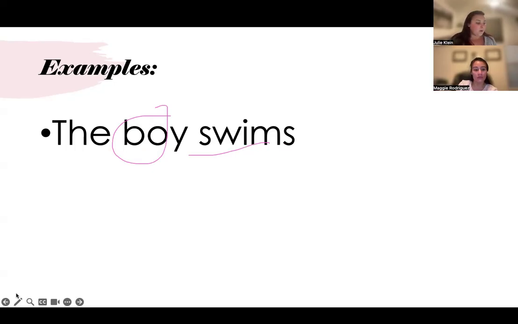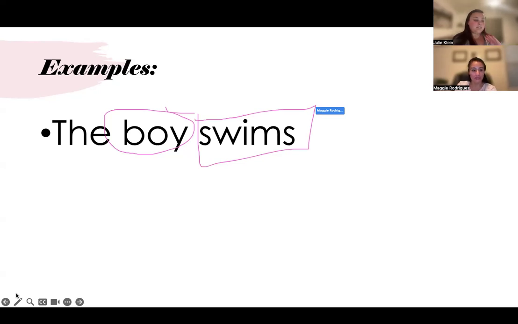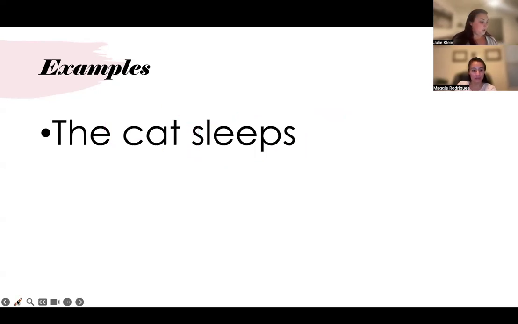Okay, we have another one. The boy swims. What's going to be our oval? The boy. Perfect. And what's going to be our rectangle? Swims. Perfect, because that is our verb. Amazing job. Okay, I think we have one more here.